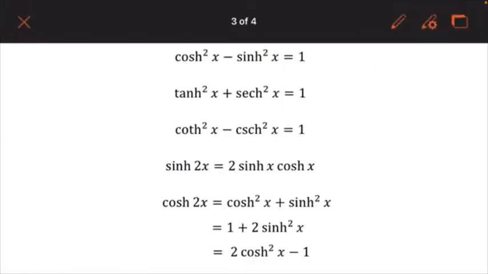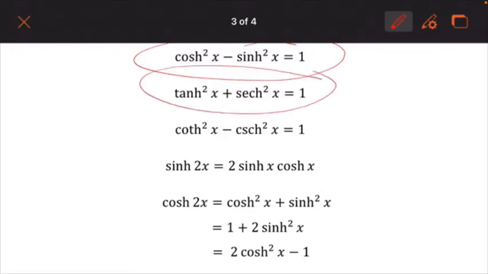Hyperbolic cosine squared of x minus hyperbolic sine squared of x is equal to 1. In the trigonometric identity, it's sine squared x plus cosine squared x is equal to 1. So here it's different. It's minus.